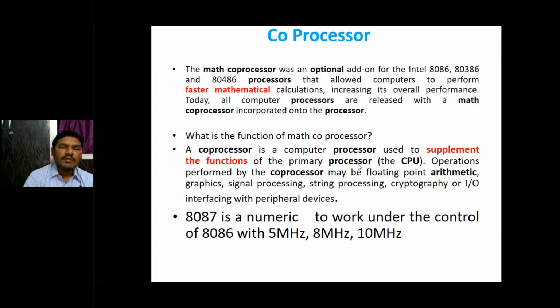The coprocessor cannot perform by itself every time, but it will supplement the functions of the primary processor to remove the burden on the CPU or main processor. That is the main functionality. So 8087 is a numeric coprocessor that works under the control of 8086 with different frequencies: 5 megahertz, 8 megahertz, and 10 megahertz. This is what we call the maximum mode of operation coprocessor.